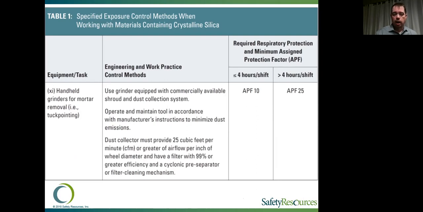Again, it must be used in accordance with the manufacturer's instructions to minimize dust emissions. The requirements also state that the dust collector has to provide at least 25 cubic feet per minute of airflow per inch of blade diameter, to collect the dust necessary to keep the dust level to a minimum or reasonably expected level for that task.